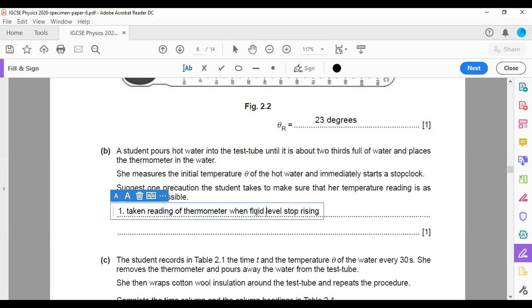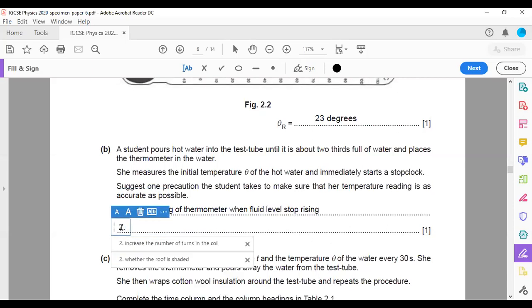So the mercury in the thermometer, as soon as that stops, that's the time you take the reading. The second one, take the reading at eye level. This is to prevent something called parallax error. So take the reading at eye level.